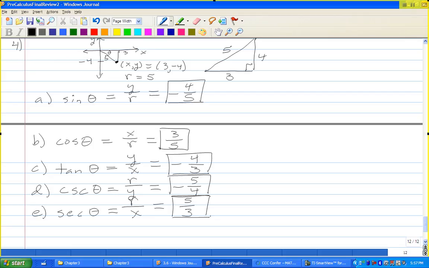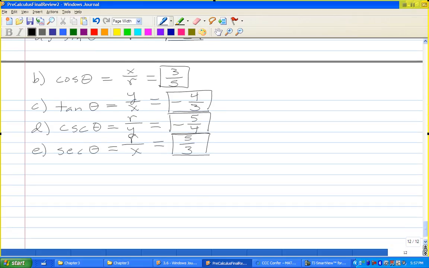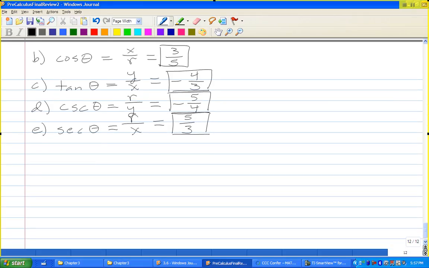Okay, problem 5. Name the quadrant. Cosine is negative. Cosecant is negative.